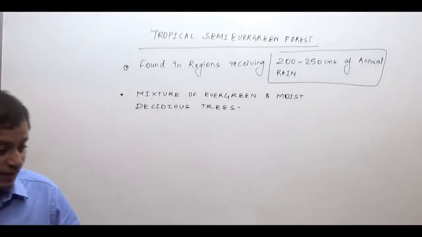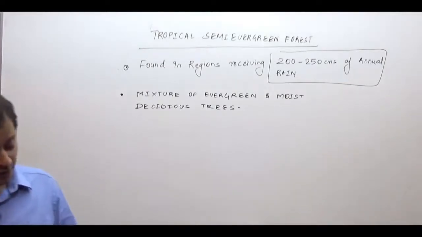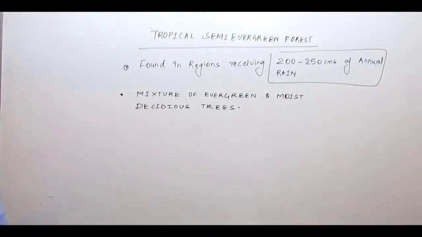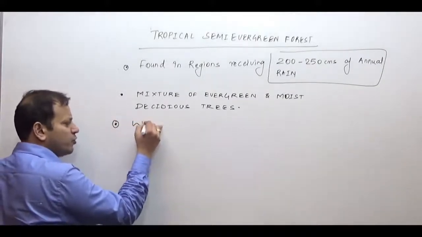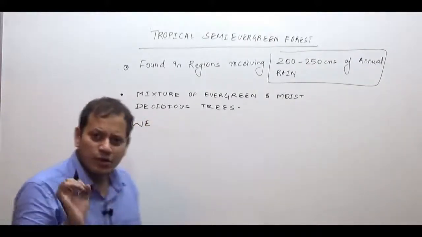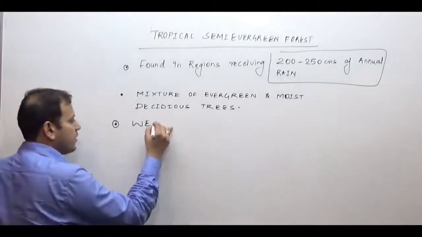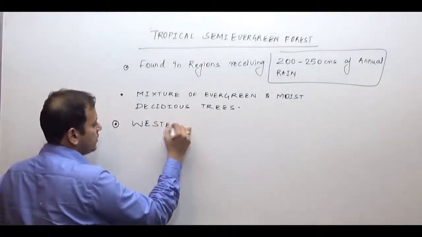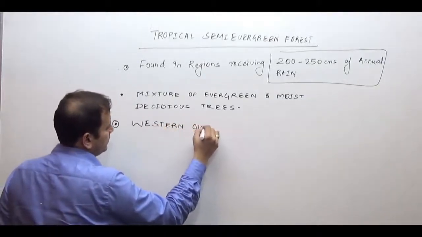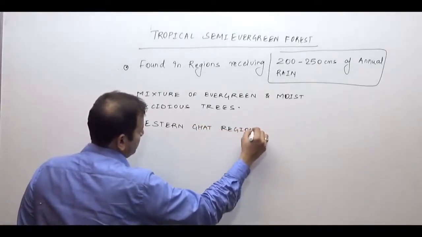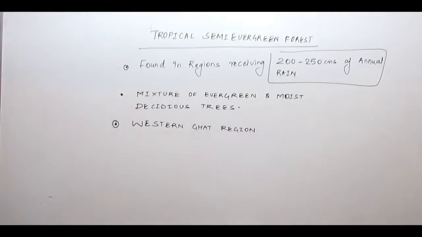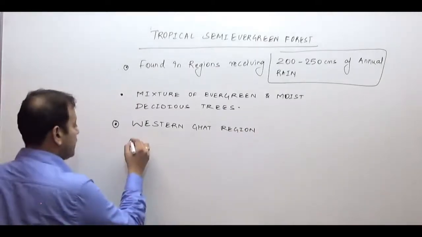Now, where are they found? These are found in the Western Ghat region. You do not have to do much. What I am doing is more than enough. These are found in the Western Ghat region. These are found in the Eastern Himalayas, that is the lower part of the Eastern Himalayas.